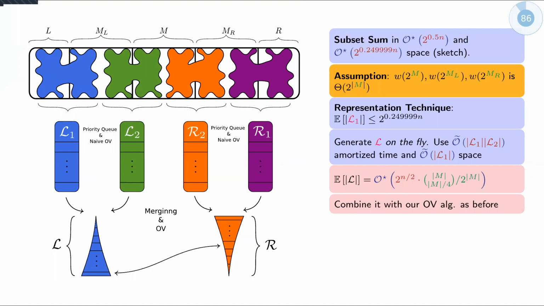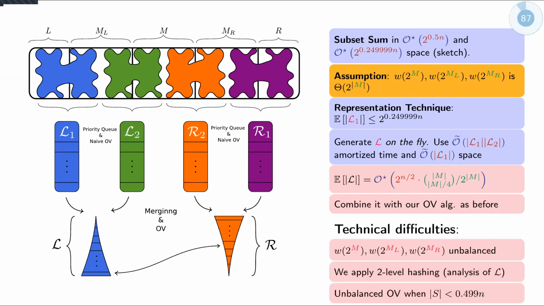We will give this new representation technique in such a way that this on-the-fly generated set calligraphic L will have exactly the same size as we had for the case when we used only meet in the middle.